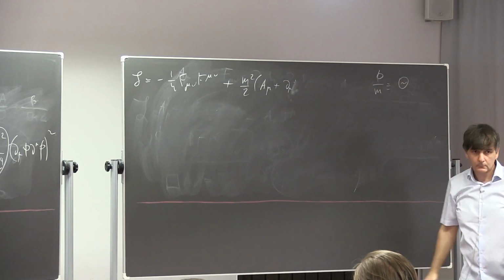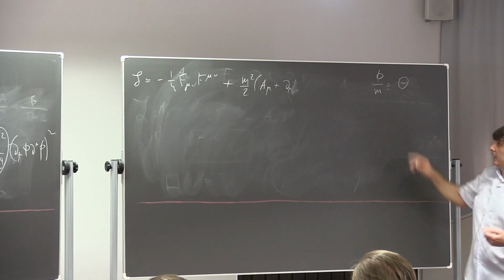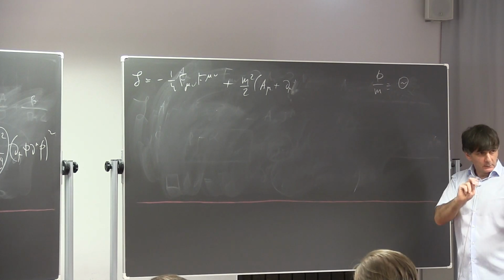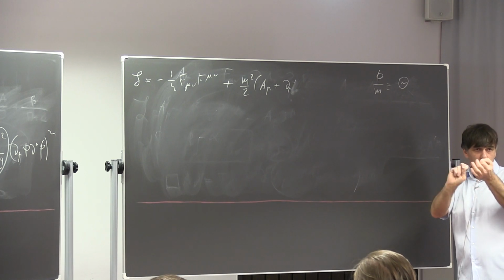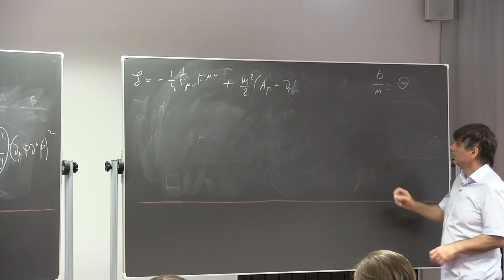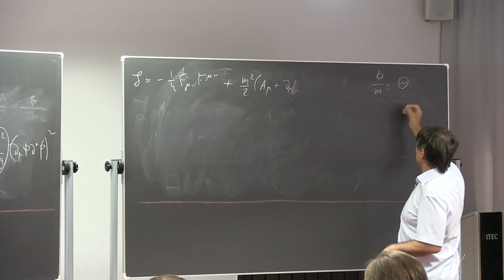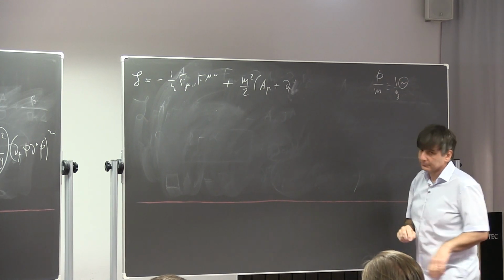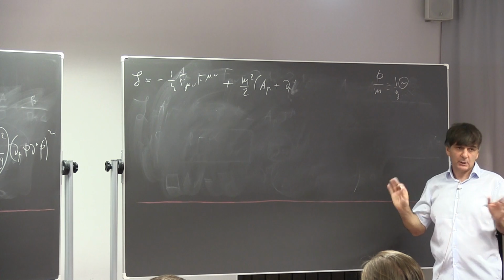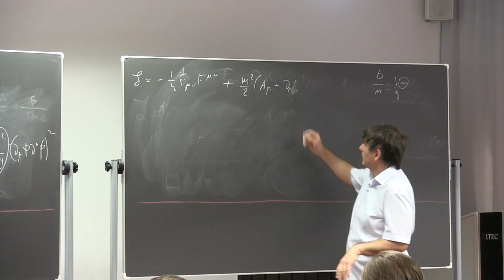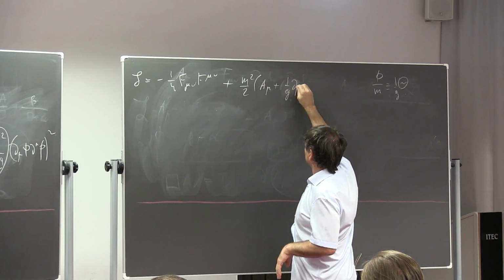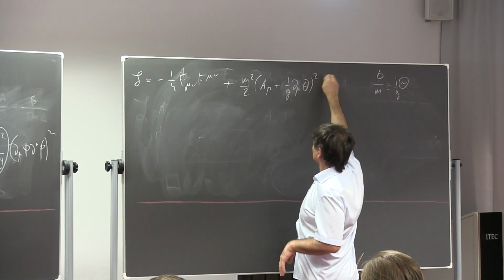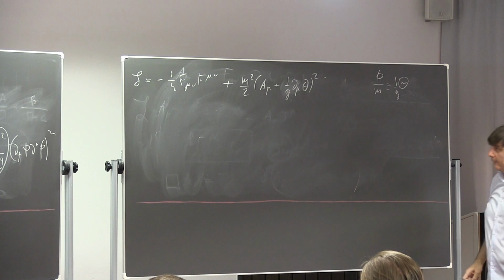And in order to be more general and to allow more freedom between A mu and theta, let me call this 1 over g. Let me introduce a parameter g, which will become clear in a moment. So then I can write this down as 1 over g, D mu of theta, squared.